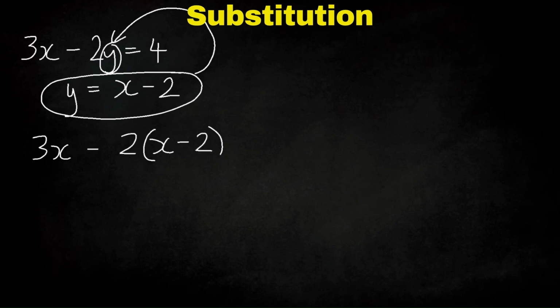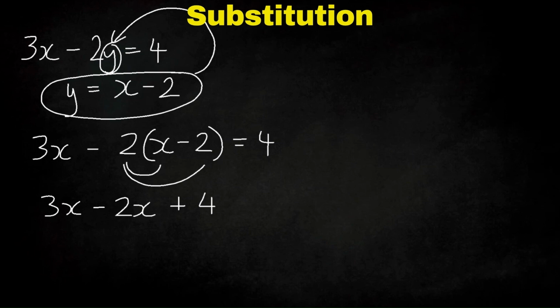Then we will have 3x minus 2, x minus 2 in brackets, equals to 4. The next step is to expand out the brackets or parentheses. This will give us 3x minus 2x plus 4.